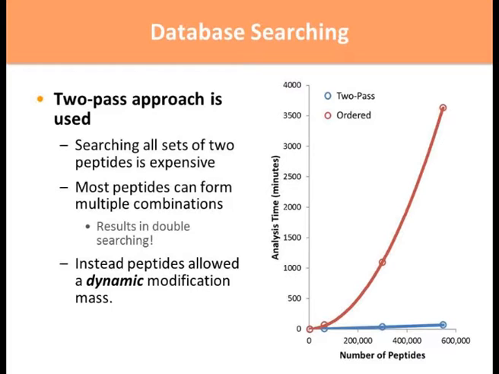And so instead of searching combinations of two peptides, Kojak uses an approach that allows you to search single peptides with a dynamic modification that represents all the possible combinations with other peptides. That reduces the complexity back to a linear problem.